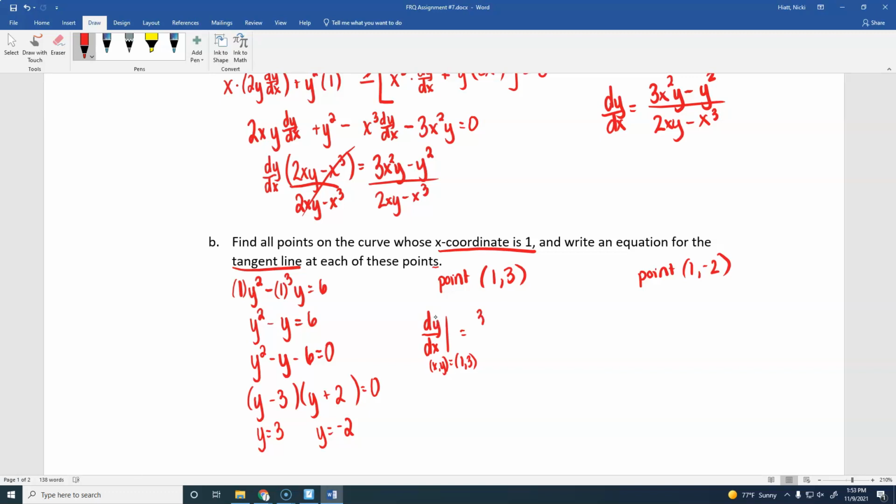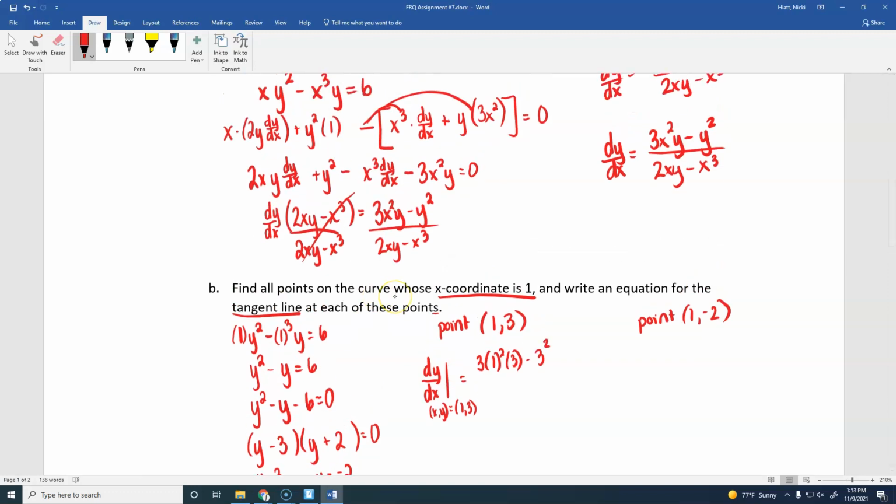So we'll have 3 times 1 squared times 3 minus 3 squared, over 2 times 1 times 3 minus 1 cubed, which is going to give us 9 minus 9 over 6 minus 1. So we get 0 over 5, which is 0.